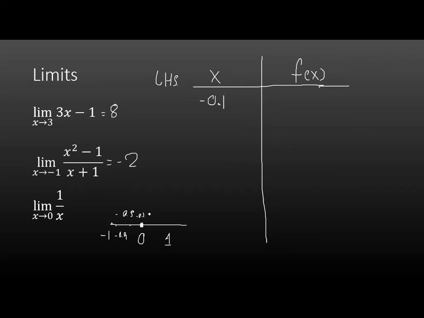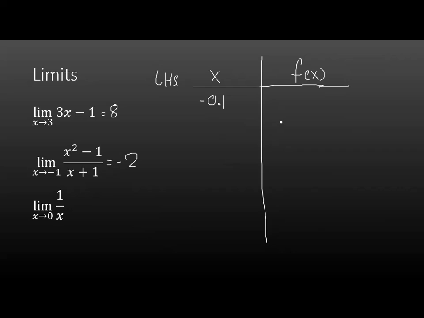And here on the right side, similarly, we have 0.1, 0.5, 0.9, then 1, and so on and so forth. So therefore, we will start at the value that is closer to 0, but starting from the left side. So we have negative 0.1.